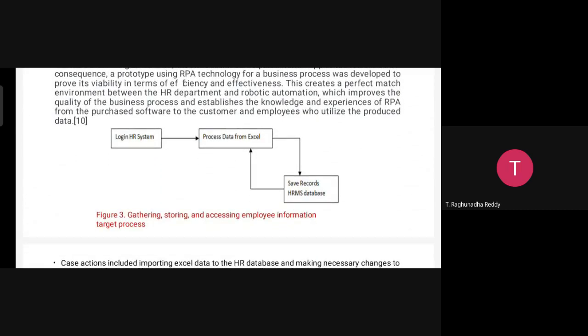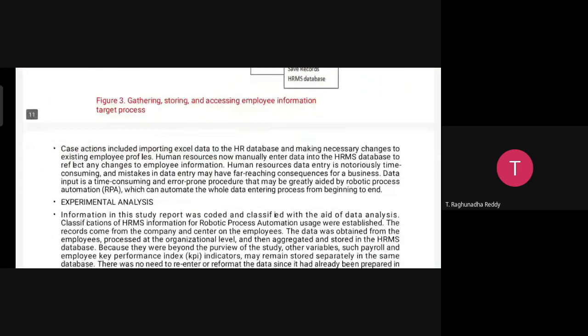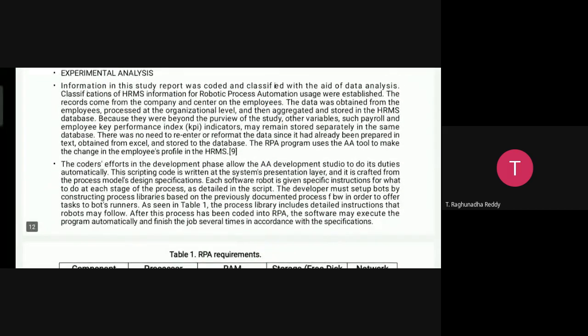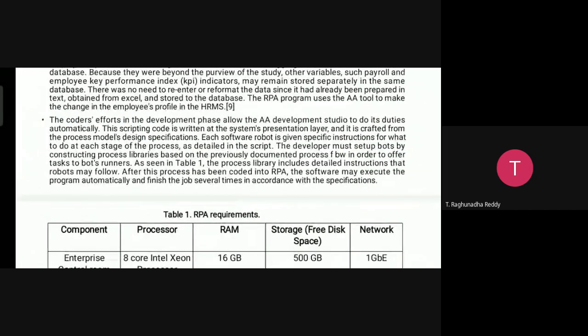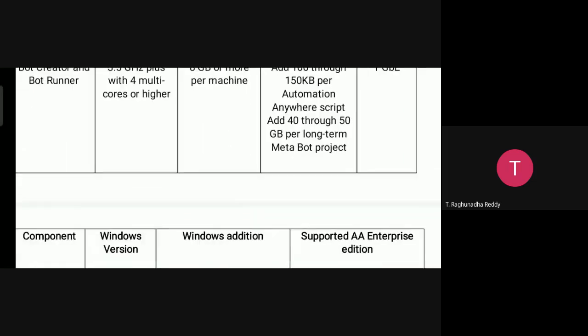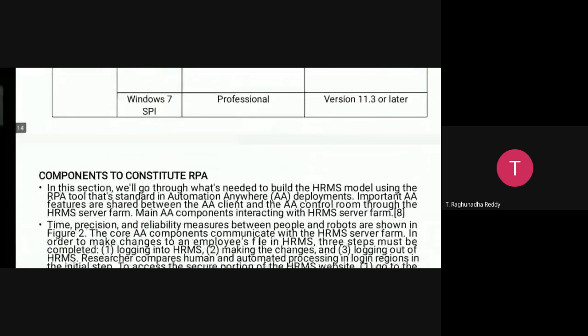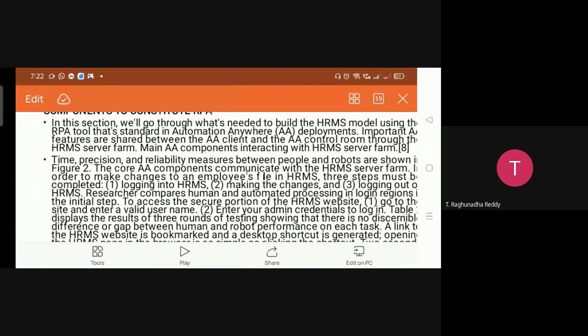Now coming to the methodology. Prior to integrating robotic process automation, the phase includes an analysis and designing the method to be established; all that we have to pre-plan, and only then does it begin to work. Then I have also given the experimental analysis. For that, I have put down the system requirements in the tables, whatever the system needs for the process.